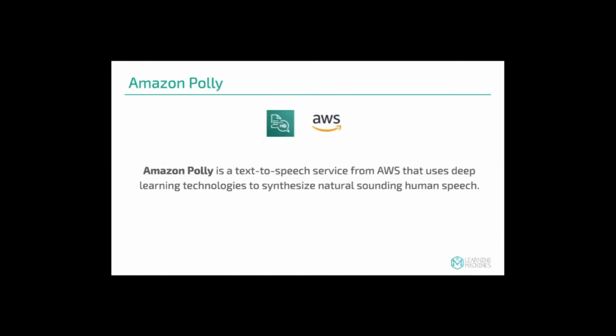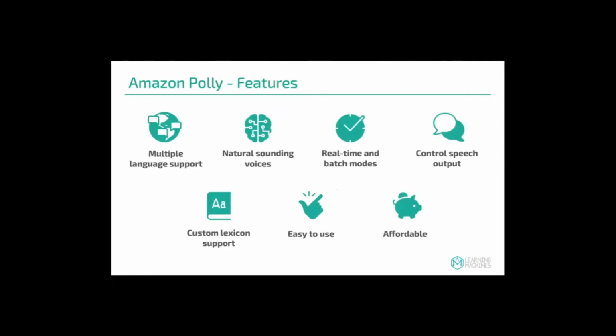Now, the service provided by AWS to do text-to-speech is called Amazon Polly. It was launched in November 2016, so they've had quite some time to sharpen the system and improve it. It's got quite a few features, including support for different languages.